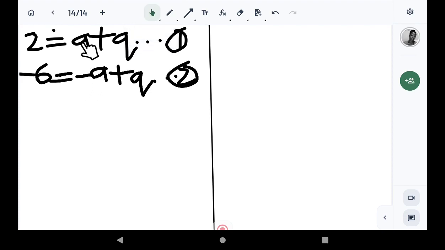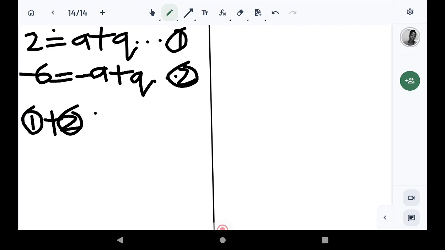Notice that you've got A and negative A in the other equation, so you use the method of elimination, which makes it so much easier. You simply add the 2, because once you add them, the A and negative A will cancel out. That's why the method of elimination is called that.